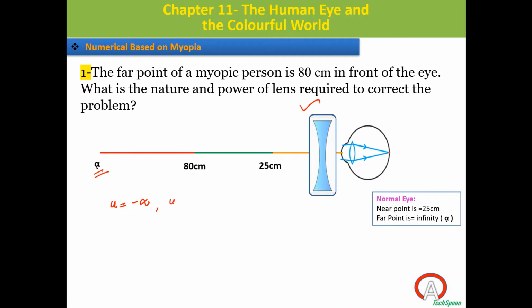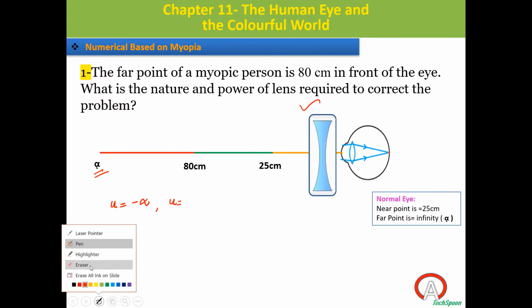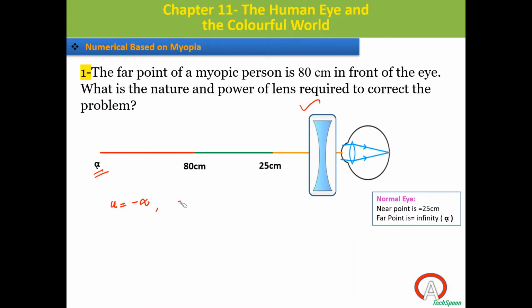What is the image distance? Where are we going to produce the image? Where should we produce it? Between 80 and 25 centimeter, right? We cannot see within 80 centimeter onwards. So I have to produce the image of this object between here.